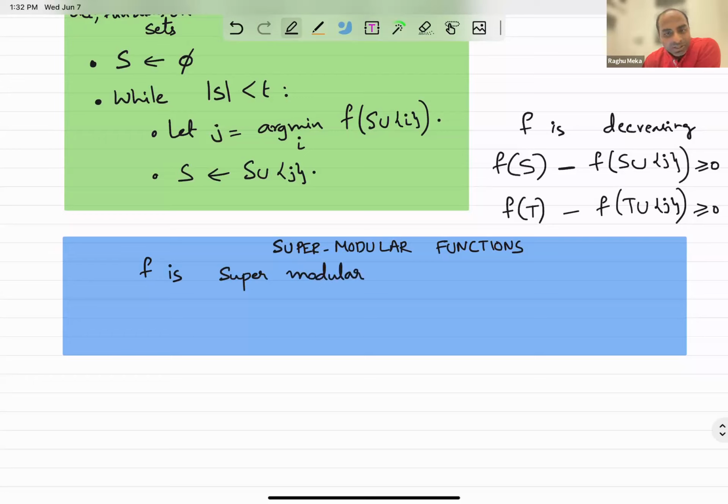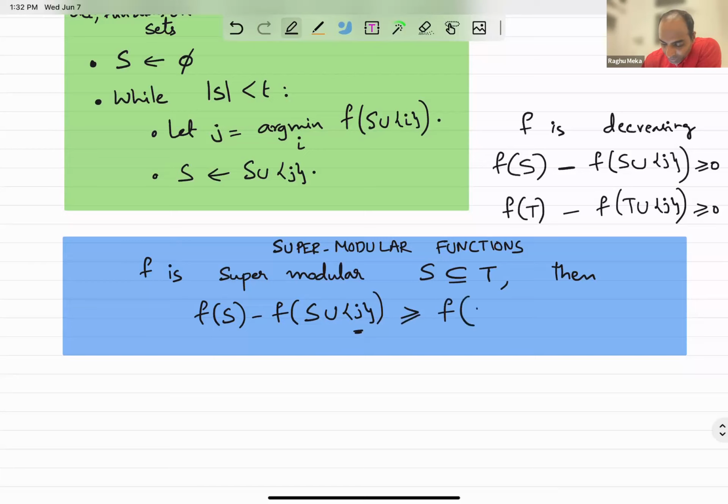And there's a flip side to it, which is submodular, where you flip all of the inequalities. If you have an increasing function, then the corresponding thing is called submodular functions, which are being used in machine learning and many other places again and again. S is a subset of T. Then how much change you see on S when you add the element j is more than the change you see when I add the element j to T, right?